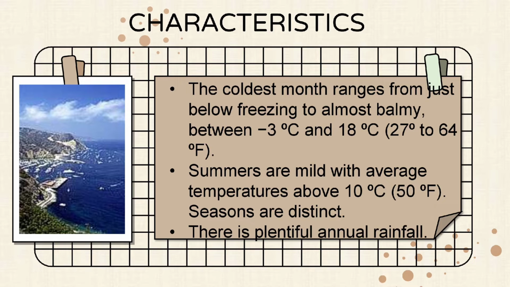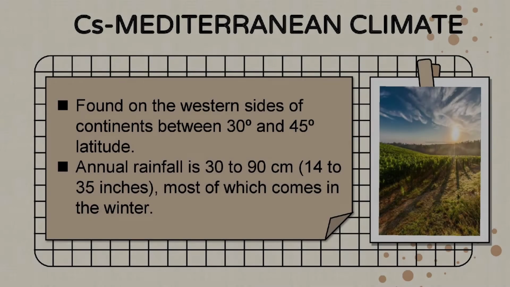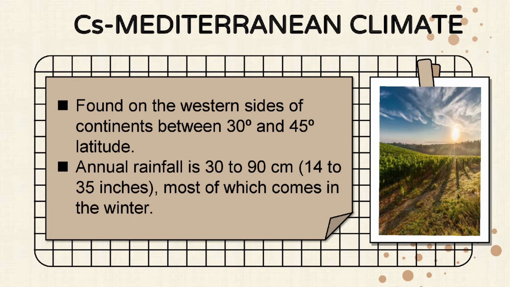So this Group C has three types. The first one is the Mediterranean climate. This type of Group C is found on the western sides of continents between 30 degrees and 45 degrees latitude.